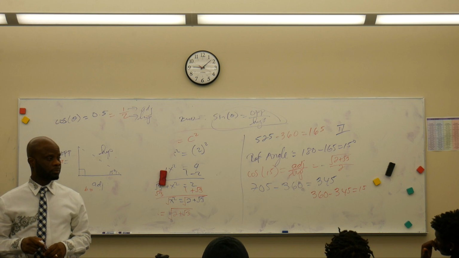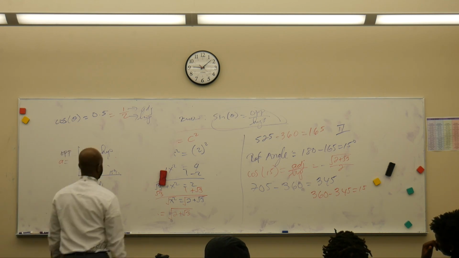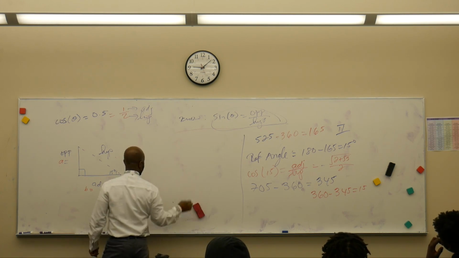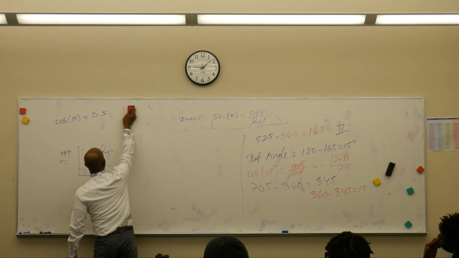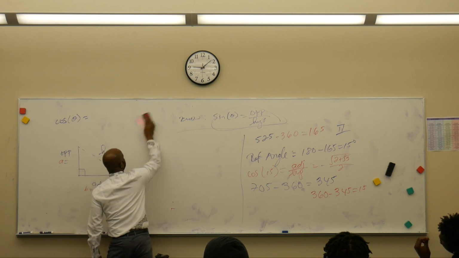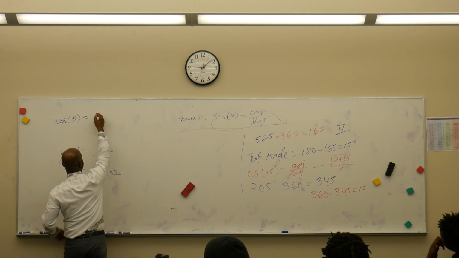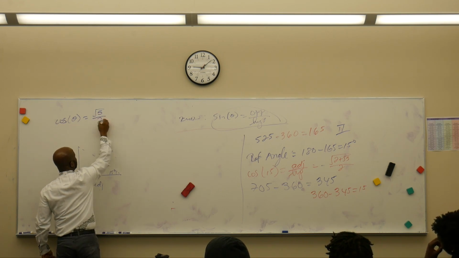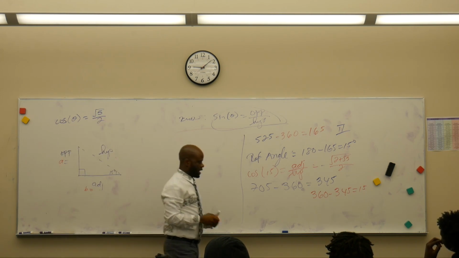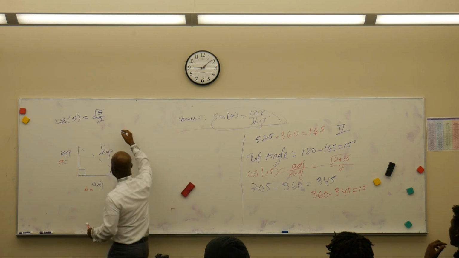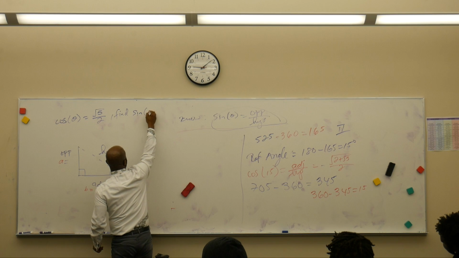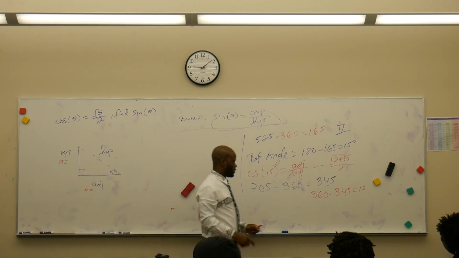Are we good? Let me ask you a question, because Goya likes to extend stuff. What if I gave you this? I gave you that the cosine of some angle is the square root of 5 over 2, and I said find the sine of that angle.